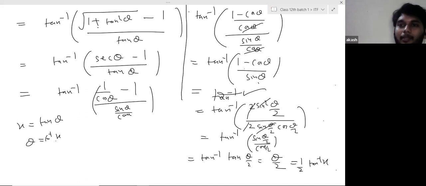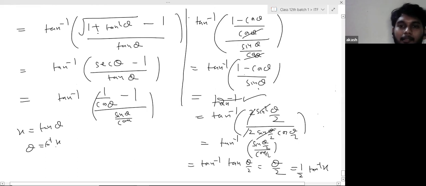These things, 1 minus cos theta upon sin theta, or 1 plus cos theta upon 1 minus cos theta. These are the two things in 90% of the questions we solved in this class, or in this whole chapter. If you just understand these two patterns, you can solve 90 or 95% of the questions.